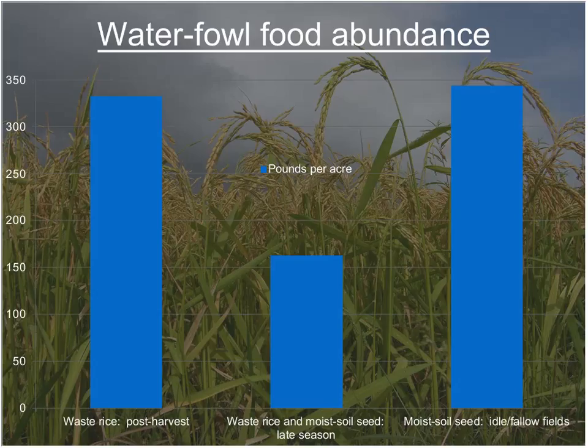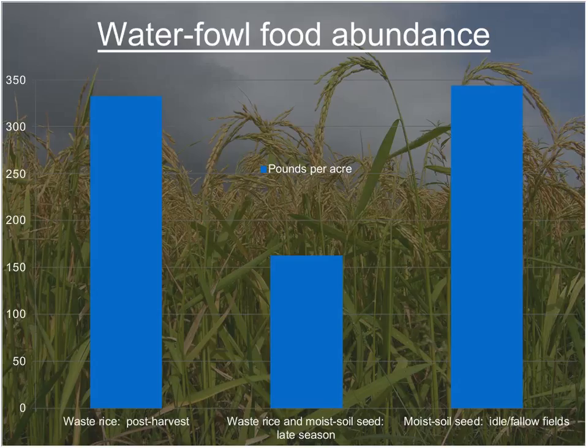Just kind of a measure of the waterfowl food abundance that is available in these rice fields. Immediately post-harvest, you'll have upwards of 350 pounds of waste rice per acre. By late season, that number has declined to between 150 and 200 pounds.